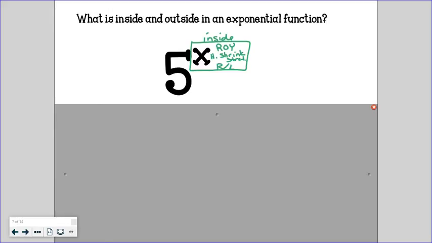If it is going to be outside of our function, it would be something sitting in front of the 5 would be considered outside. Typically, but not limited to, you would see a negative for an ROX there, or you would see another number, usually then the 5 would be in parentheses, and that would be for a vertical shrink or stretch.